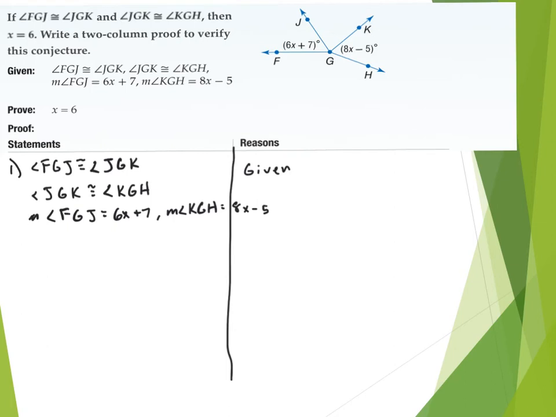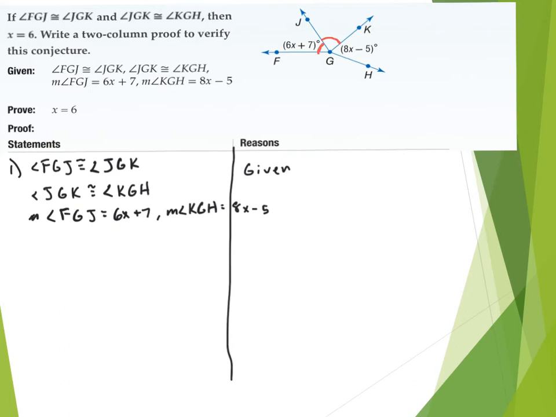We are a very visual culture, so the more you can draw, the more you can write, the better your life is. So we are told in our given that angle FGJ is congruent to the angle JGK. Sheesh, say that 10 times fast. So this angle is congruent to JGK, this angle right here. You are then told that angle JGK is congruent to angle KGH.